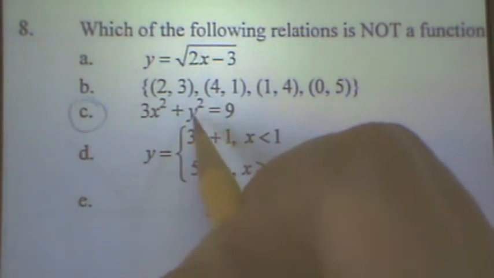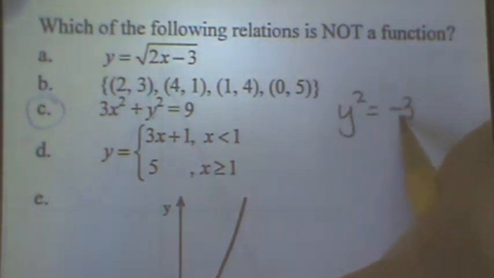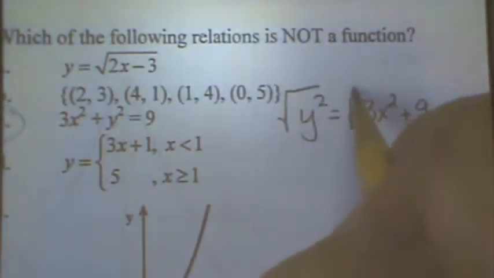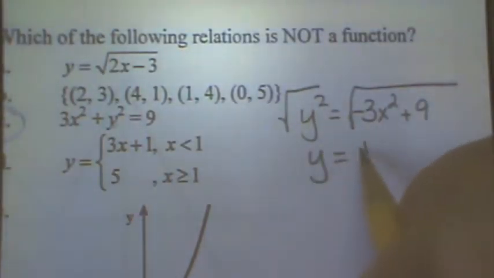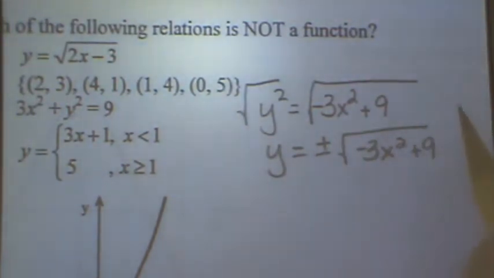But in this case, C is not a function, because if we solve this for y, you end up with y squared equals -3x squared plus 9. And when you take the square root of 9, you end up with plus or minus. So it's not unique, you have 2 values, and it's not going to be a function.